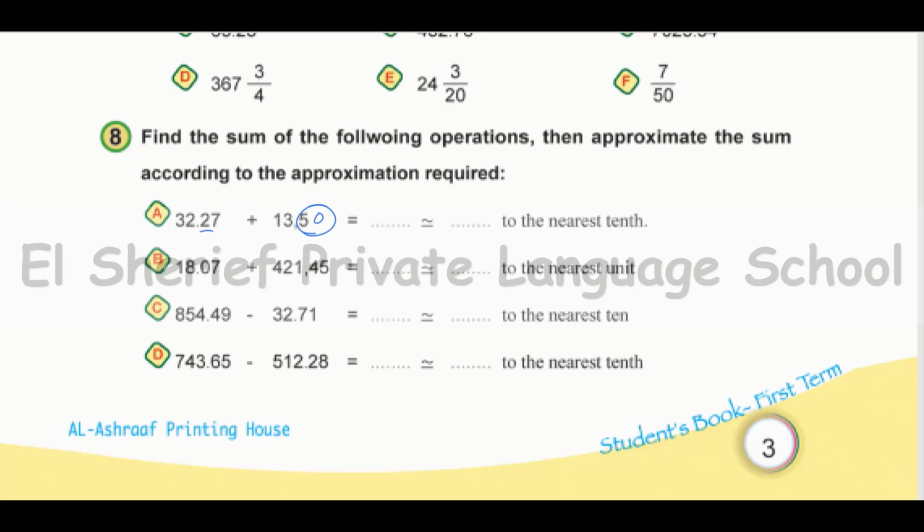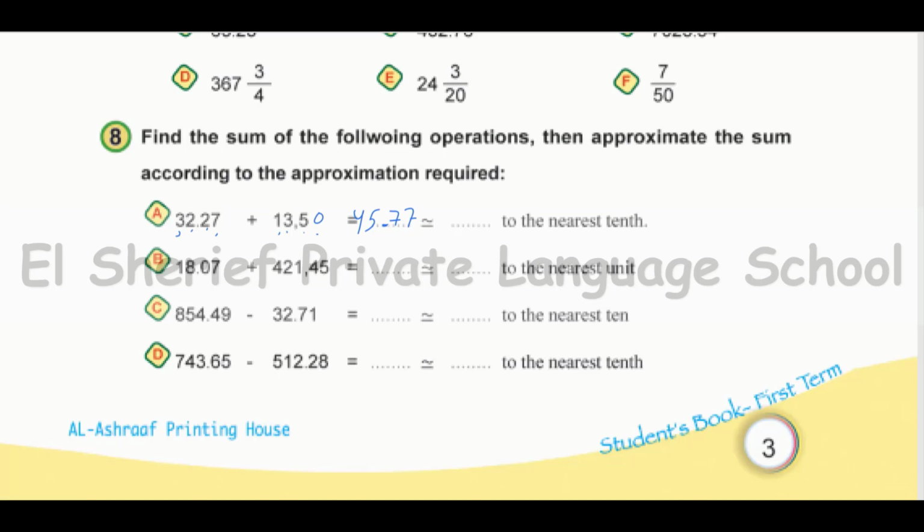Then we can make the addition. 7 plus 0 equals 7. 2 plus 5 equals 7. Then put the decimal point, and 2 plus 3 equals 5. 3 plus 1 equals 4.